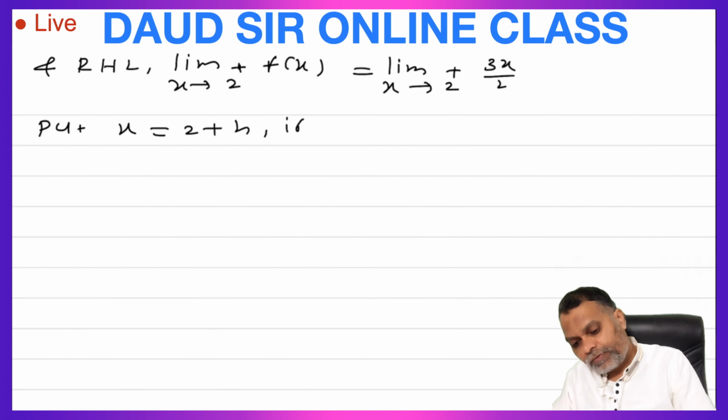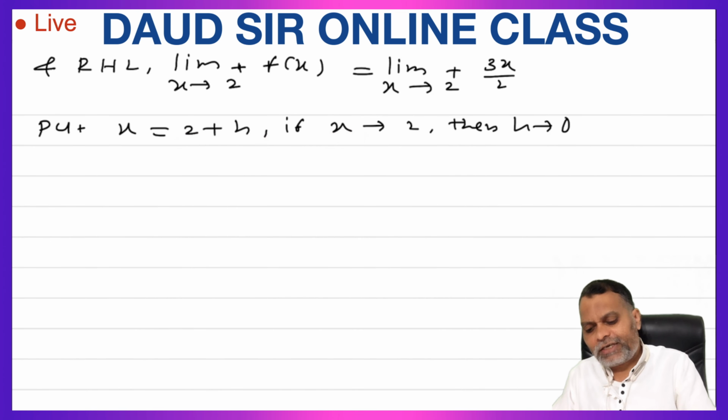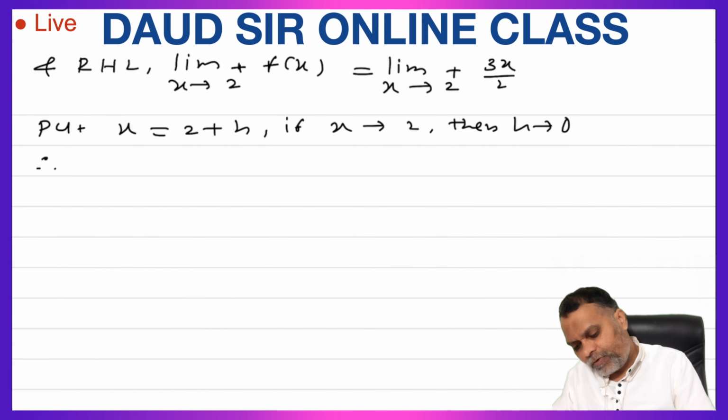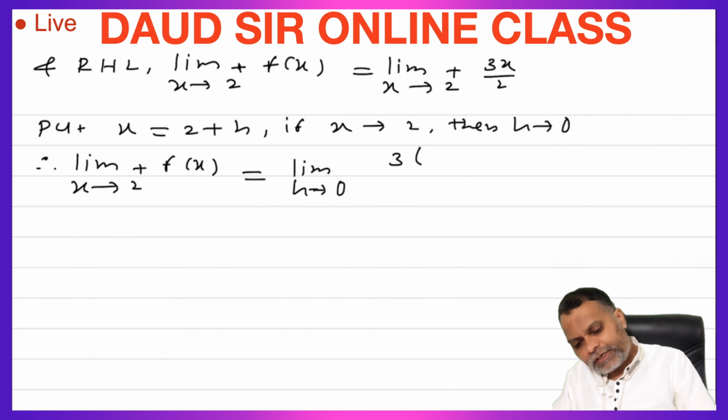Change the tends to: if x tends to 2, then h tends to 0. How? Put 2 plus h here, 2 plus h tends to 2, the 2s cancel, h tends to 0. Therefore, the right hand limit will become limit h tends to 0 of 3 into (2 plus h) upon 2.